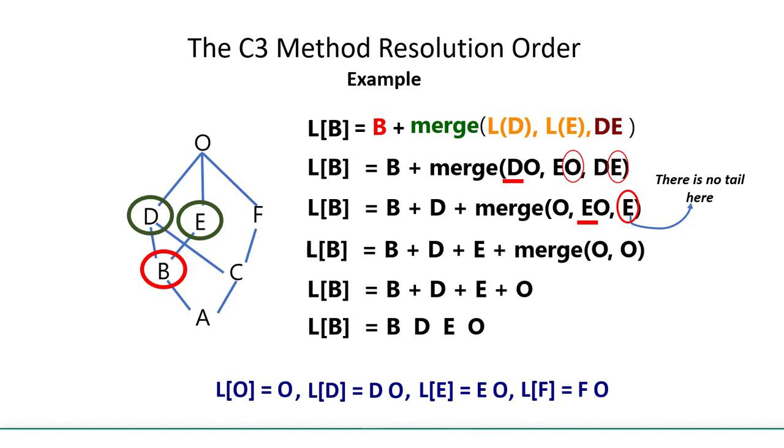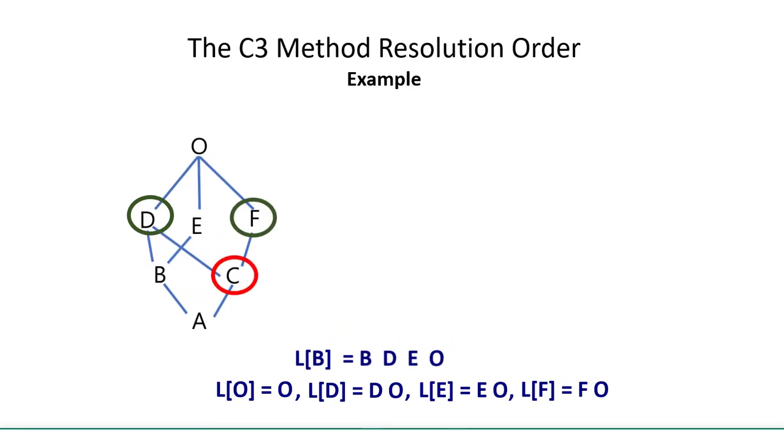We have now figured out the linearization of one of the ancestral classes, called B. So let's place that aside. And now we will go to another ancestral class called C and find the linearization of class C. Linearization of class C is nothing but C itself plus the merge of the linearization of its parents and the list of its parents.